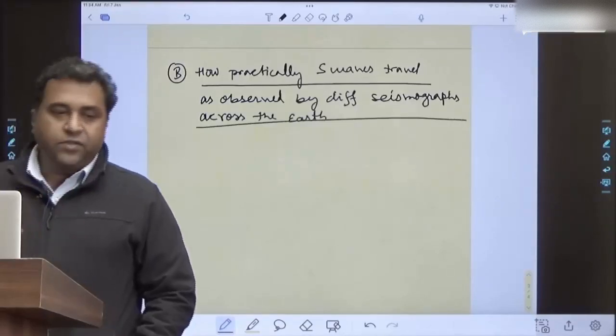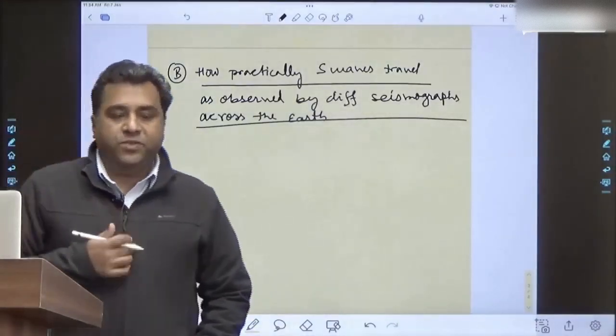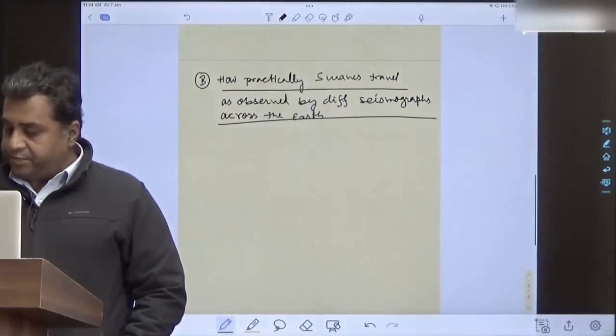So for any earthquake, when we see how the seismographs are observing those S waves, what do they observe? That is something we are going to draw now.